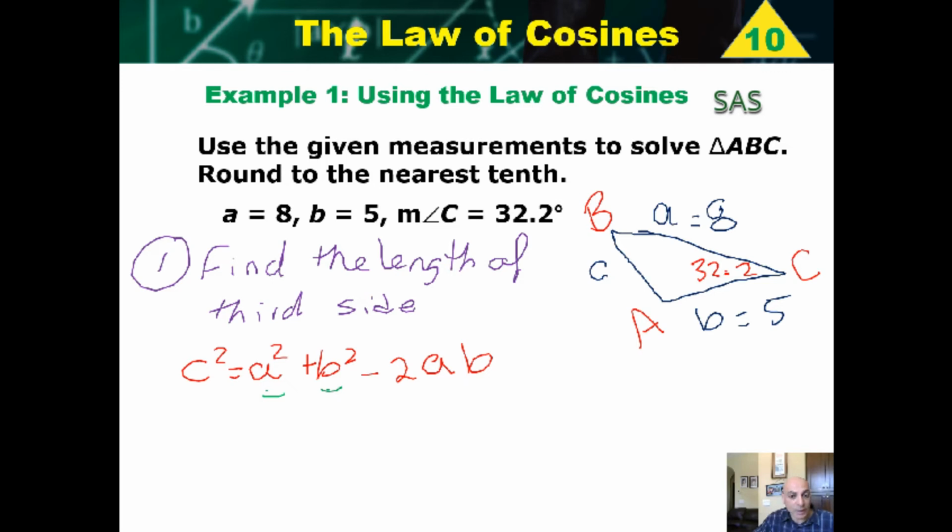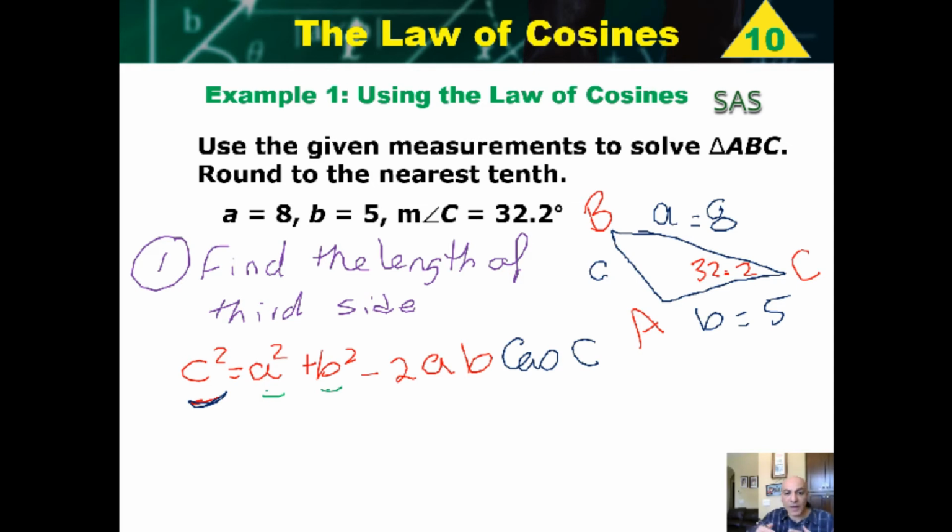The angle between a and b is C, or whatever you started with. It's up to you, both should help you reach the answer. Cosine of C.